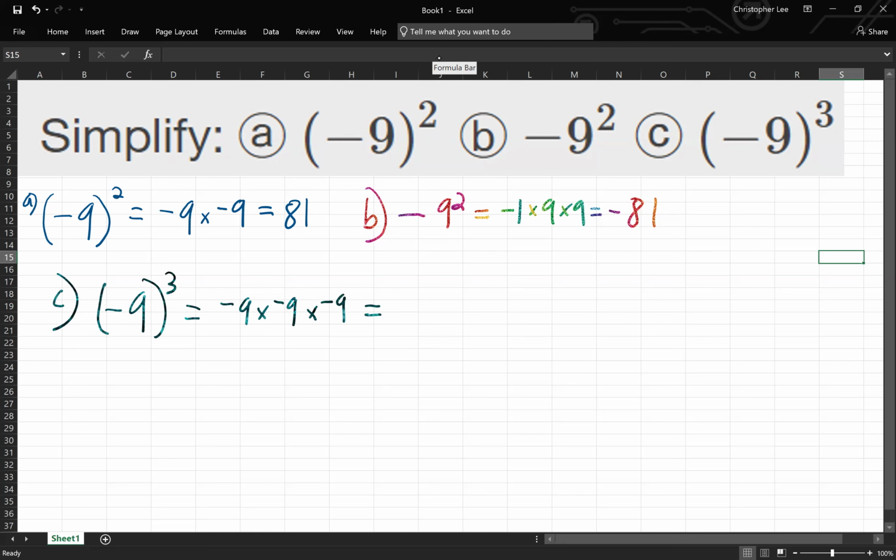Going straight across, -9 times -9, we know is a positive 81 times -9. That's going to give us a negative, and I'm not sure what that answer is. Let's look it up. 81 times 9. What's that? 729, right? And that's our answer.